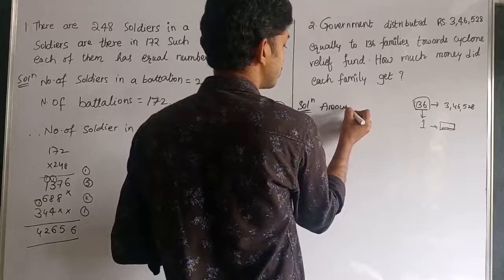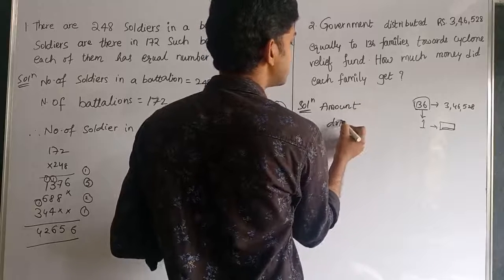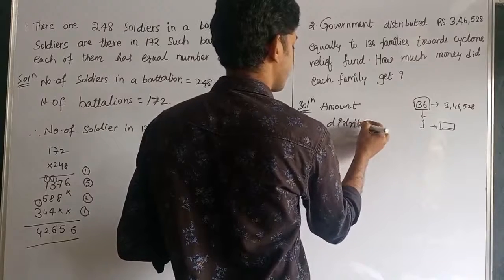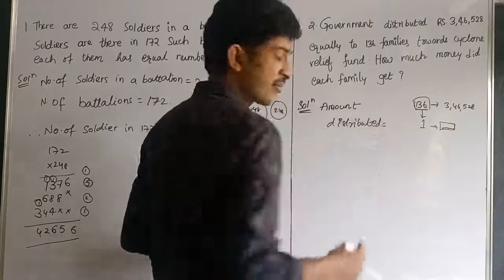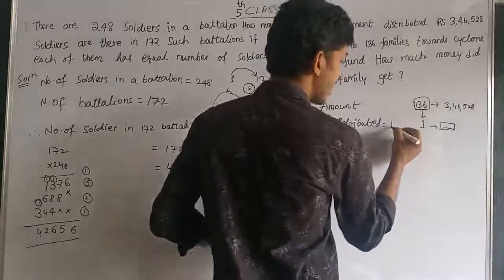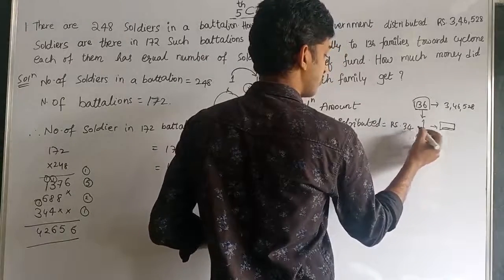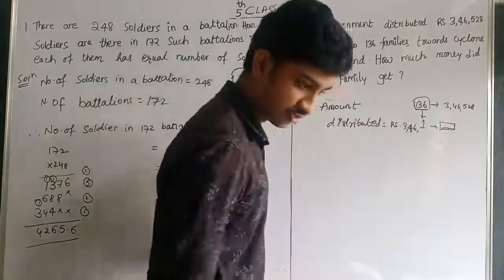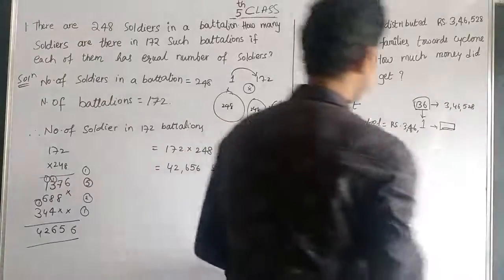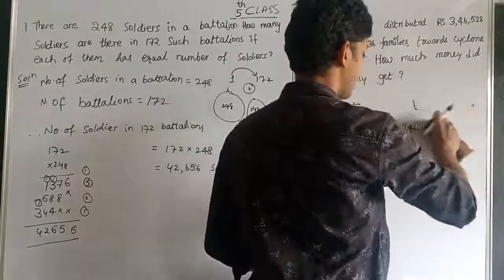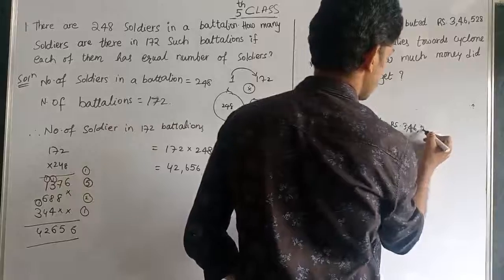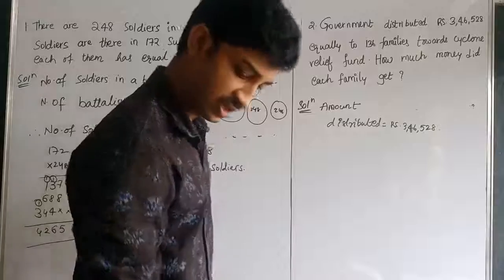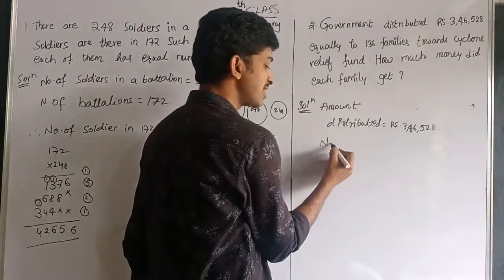The amount distributed is equal to 3 lakhs 46,528 rupees. This amount is distributed by the government. Number of families: how many families are they distributing to?